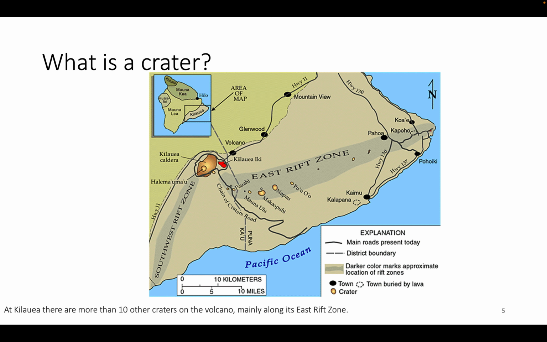If we take a closer look at the map here, we see that on Kilauea, you can find more than 10 other craters on the volcano, and many of them are located here along the East Rift Zone. And just for context, this was Kilauea crater, which we spoke about in the previous slide, with the visitor center located here.